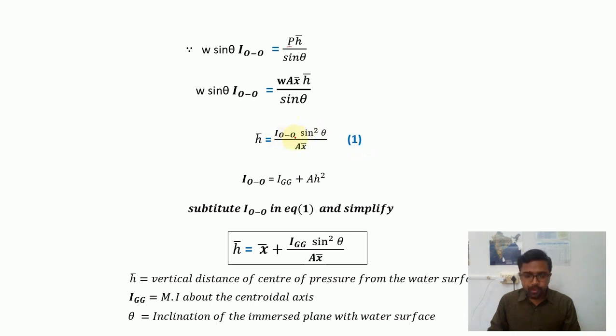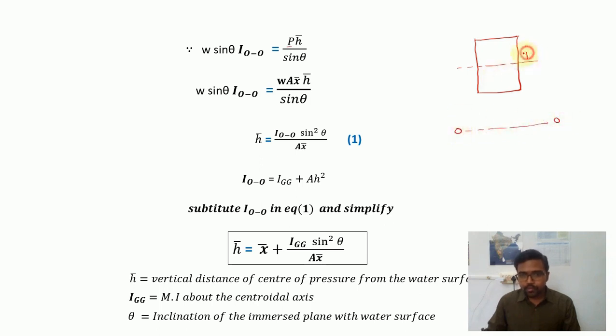So what is IOO? IOO is the moment of inertia about the centroidal axis plus A h square. You might know this moment of inertia concept. Suppose there is a centroidal axis, and you want the moment about some axis OO.